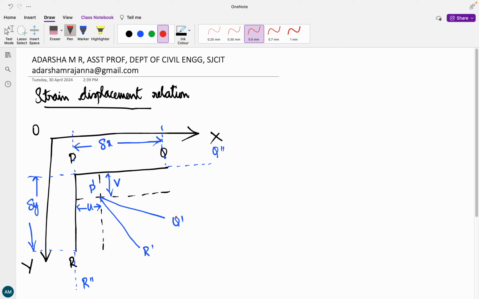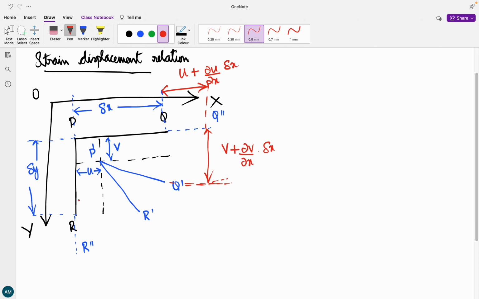Now the length from Q double dash to Q dash, along the y direction, is V plus dou V by dou x into delta x. The distance between Q and Q dash is U plus dou U by dou x into delta x.